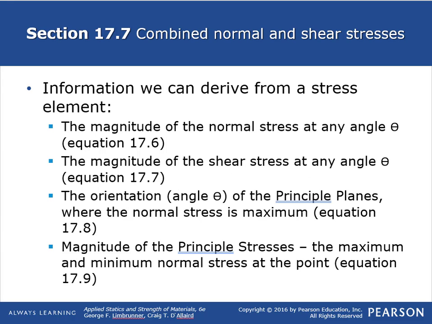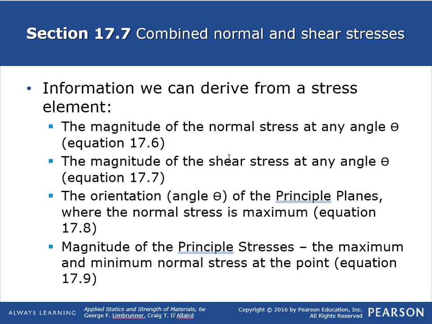So what can we do in section 17.7? Okay, section 17.7 allows us to derive a bunch of equations based on a free body diagram of the stressed element. These equations are, what is the magnitude of the normal stress at any angle? Okay, this is kind of like what we did in chapter 11.